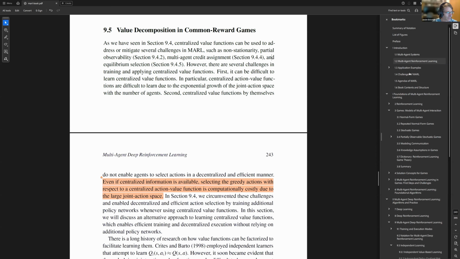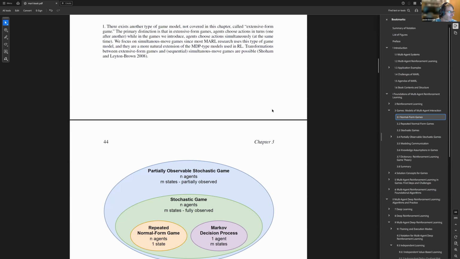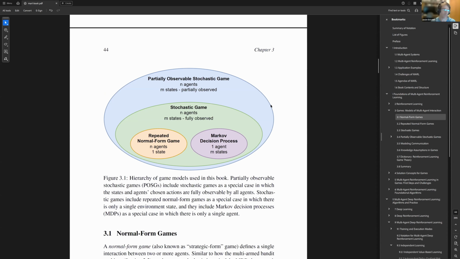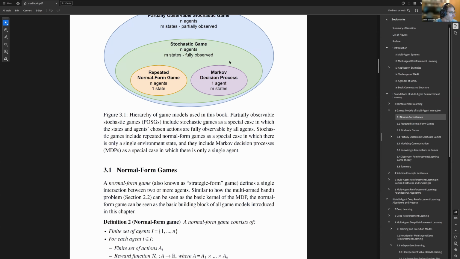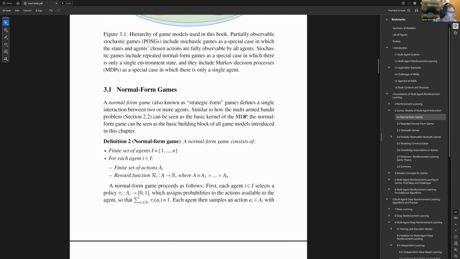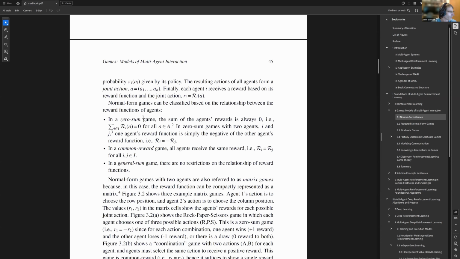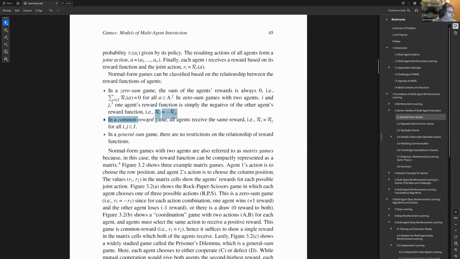So if we go back to the game models we had started with at the beginning of the book, we've been looking mostly at stochastic games where we have different game states and then n agents. And here we're just looking at this common reward subset, where earlier we had looked a lot at zero-sum games.